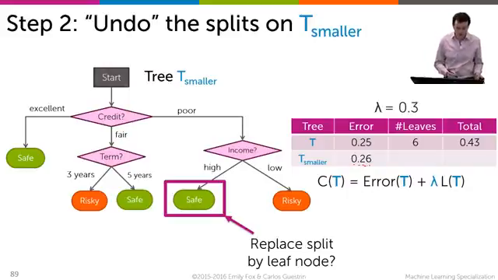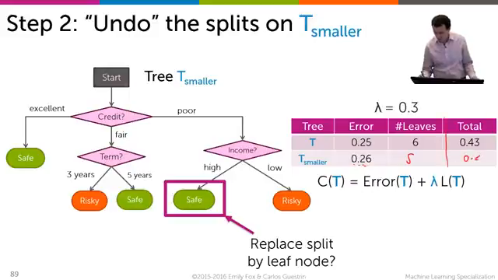Well, let's look at the number of leaves. It's 1, 2, 3, 4, 5 leaves. So we have 5 leaves instead of 6, so 1 less leaf. The training error went up a little bit, but if you do 5 times 0.3, which is lambda, you get 0.15. You add that to 0.26, you get a grand total of 0.41.